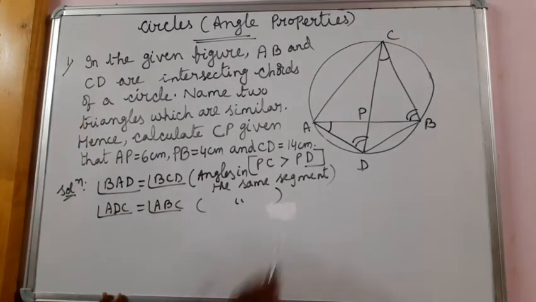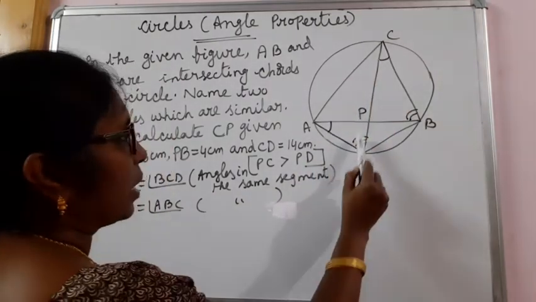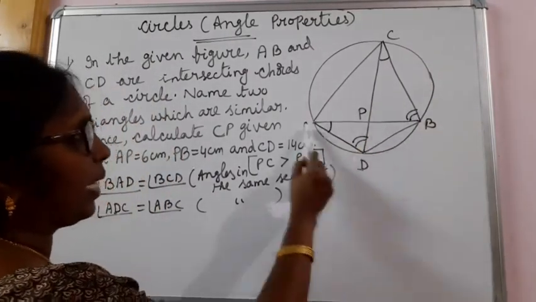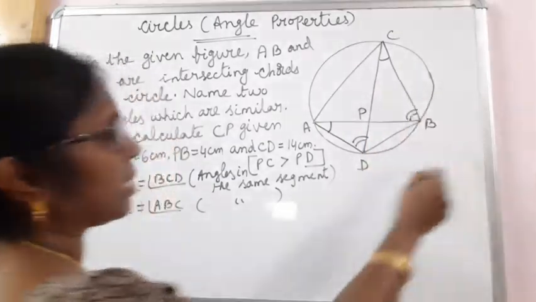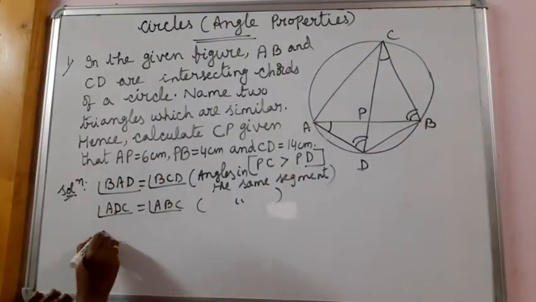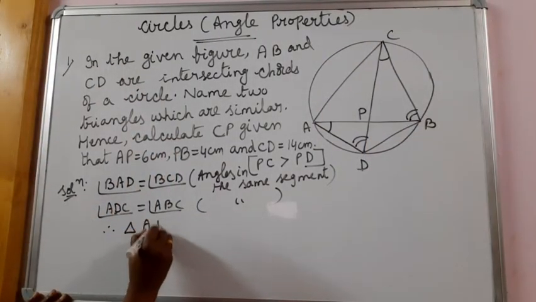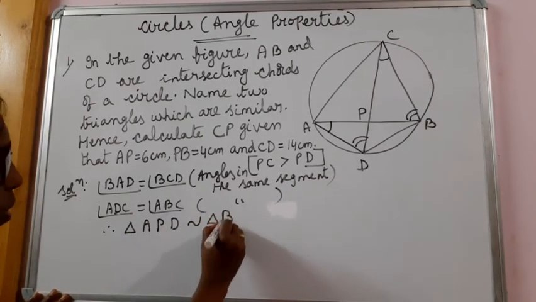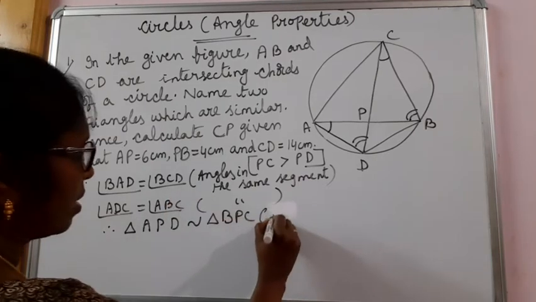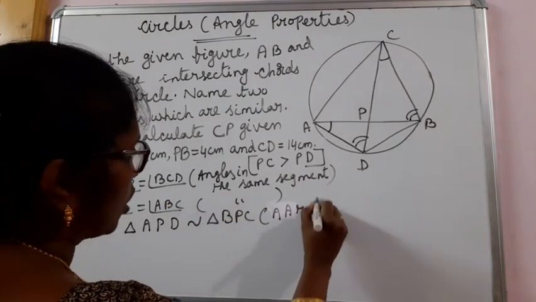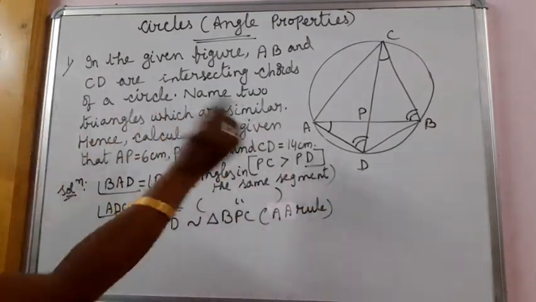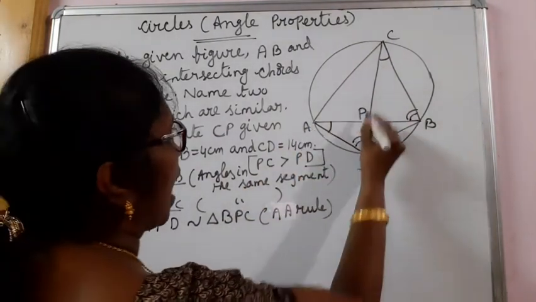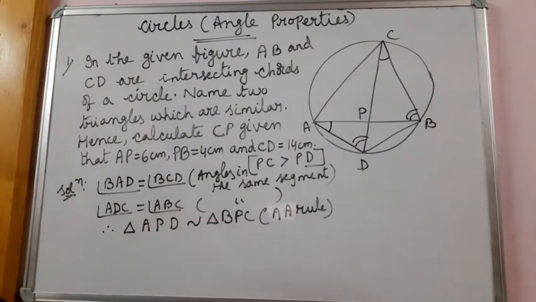Now we can see these two are equal in triangle APD and BPC. Therefore, triangle APD is similar to triangle BPC under a rule. So, the first question asks, name two triangles which are similar, that is triangle APD and triangle BPC are similar.